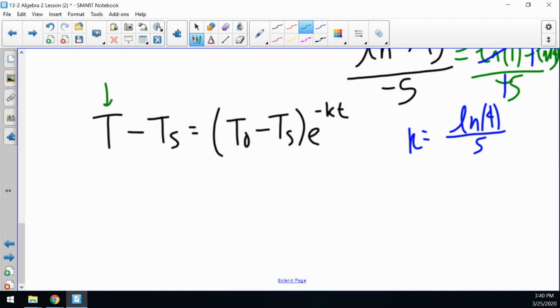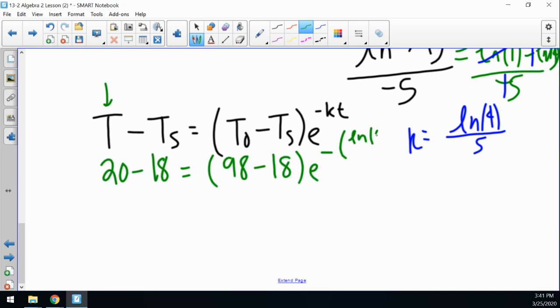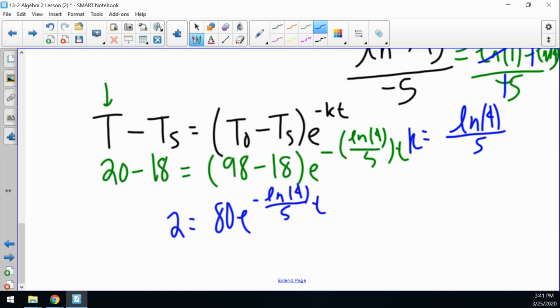So we say 20 minus the changing temperature, 18, is equal to 98 minus 18 e to the negative, remember k is ln of 4 over 5, times t. We end up saying that 2 is equal to 80 e to the negative ln of 4 over 5 t.